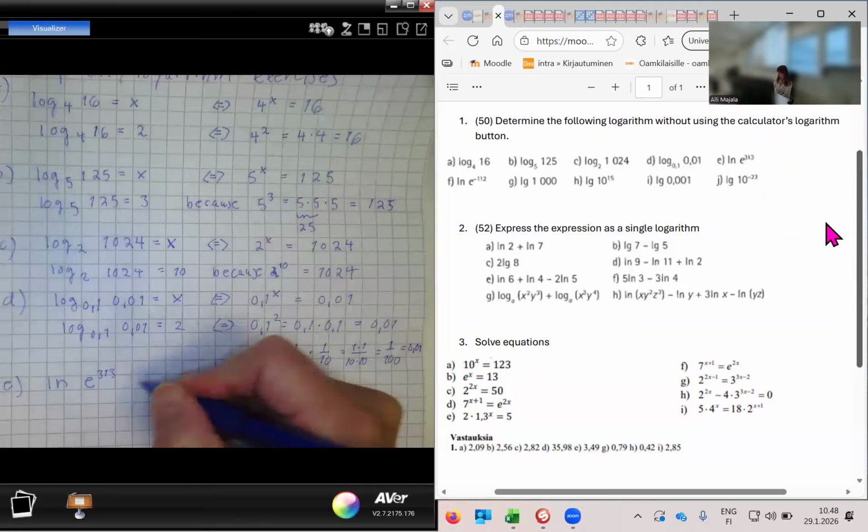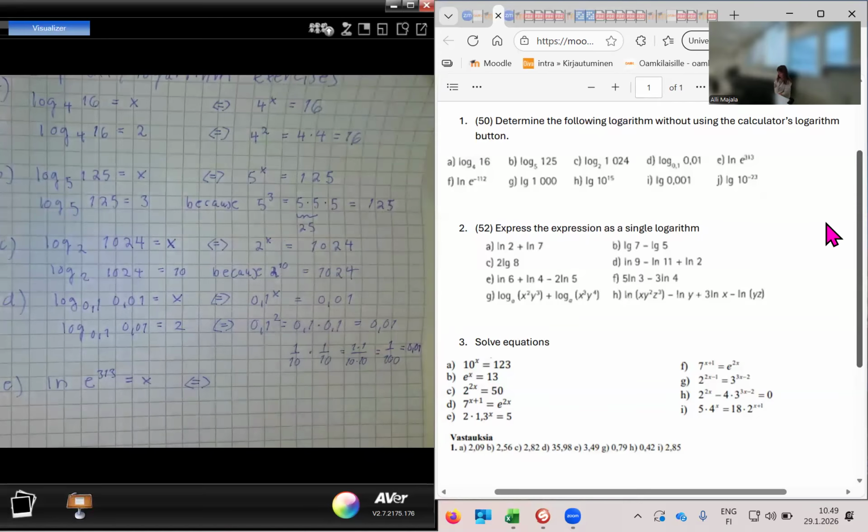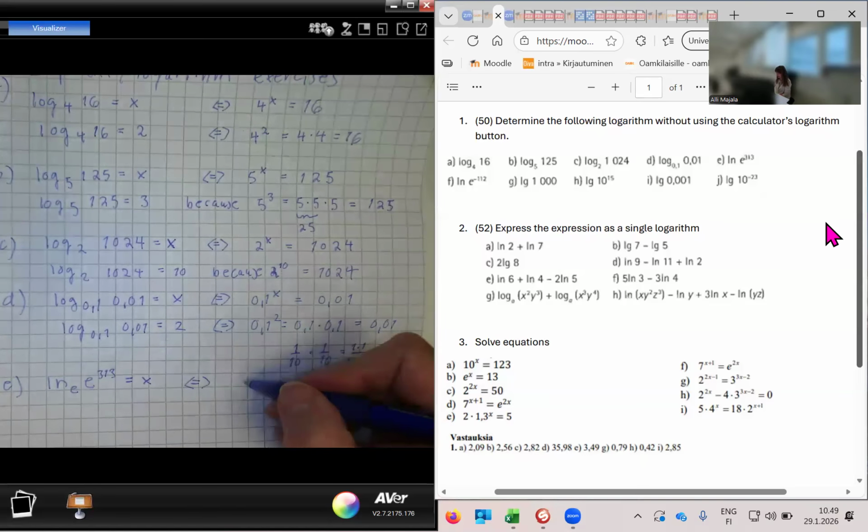313. But now we know already something. So it means ln here is actually the e. So it's not like x.